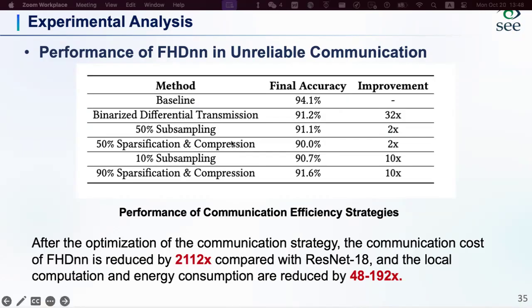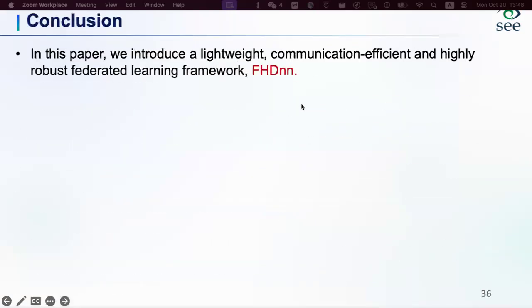After optimizing the communication strategy, the communication cost of the FHDN was reduced by 2,112 times compared with ResNet-18, and the local communication load and the energy consumption were reduced by 48 to 192 times. So in brief conclusion, in this paper, we introduced a lightweight, communication-efficient, and highly robust federated learning framework, FHDN.